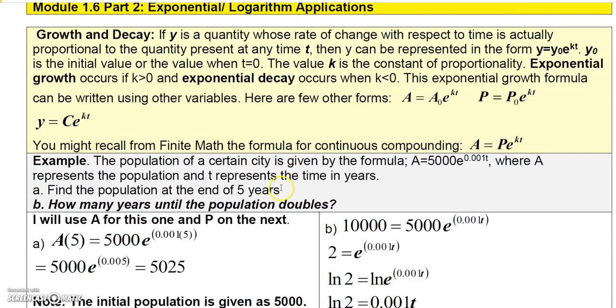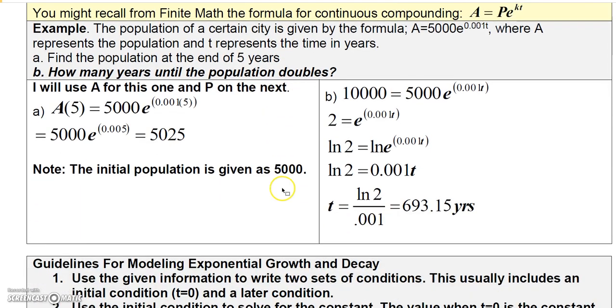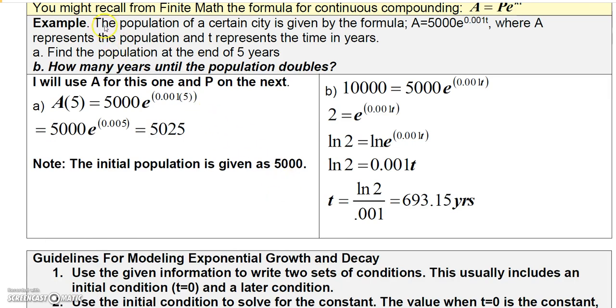Okay, so we'll start with an example. This first example is going to be a little bit easier for you because I'm actually going to give you the growth formula. It says the population of a certain city is given by this formula: a equals 5,000 e to the 0.001 t.